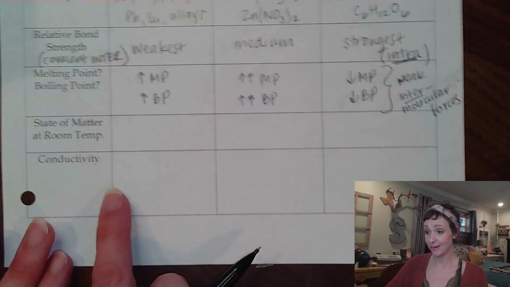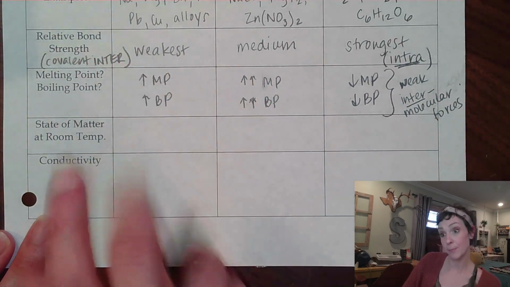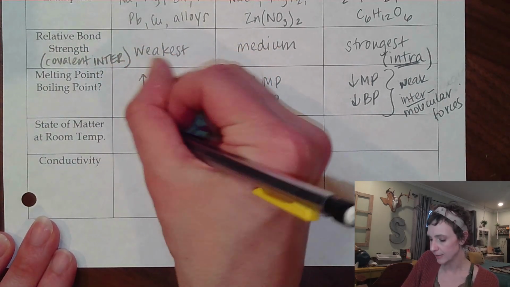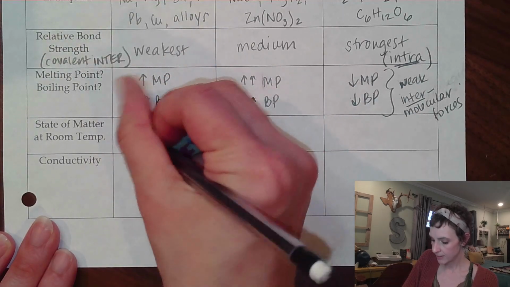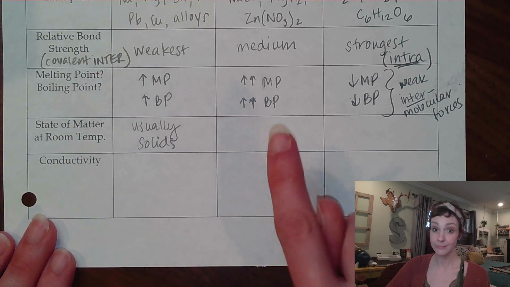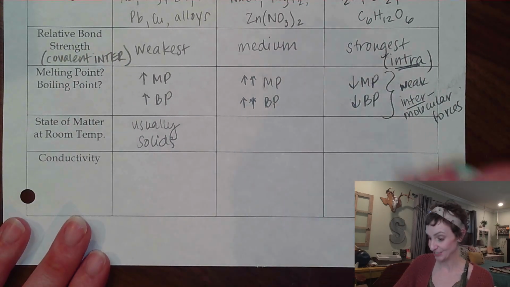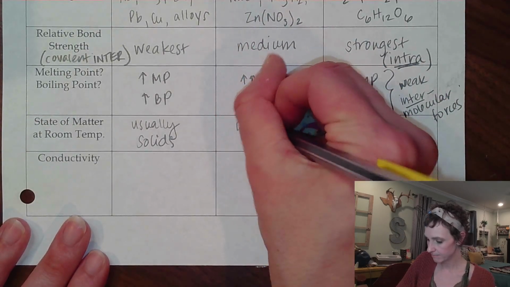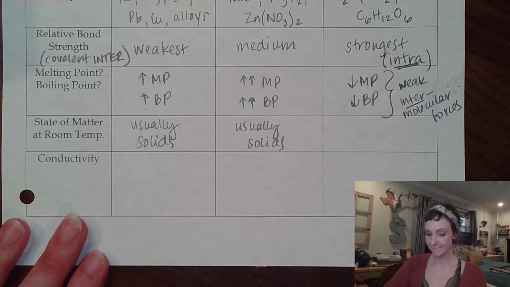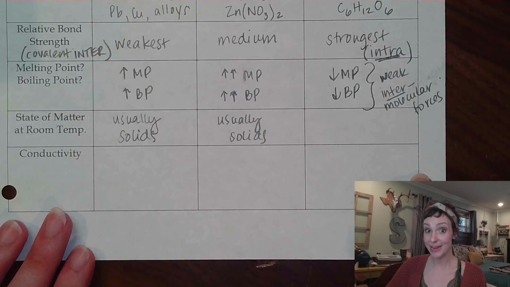Okay, what state of matter are they at room temperature? We're going to say for my metallic stuff, y'all, they're usually solids, unless you are mercury, but we're going to write usually solids at room temperature. Ionic bonds, also usually solids. My covalent compounds, they can be anything.